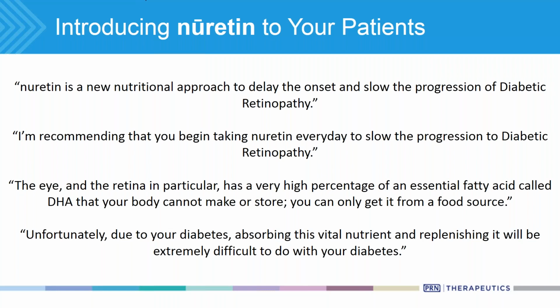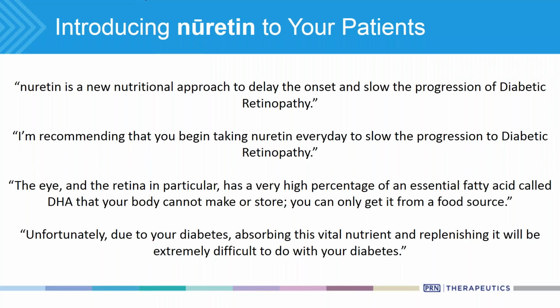The eye and the retina in particular has a high percentage of essential fatty acids. The eye and the brain are very similar in structure and function. DHA is the predominant omega-3 in the retina and in the brain, although there is some EPA there. And as an essential nutrient, your body cannot make or store this. You can only get this from food.